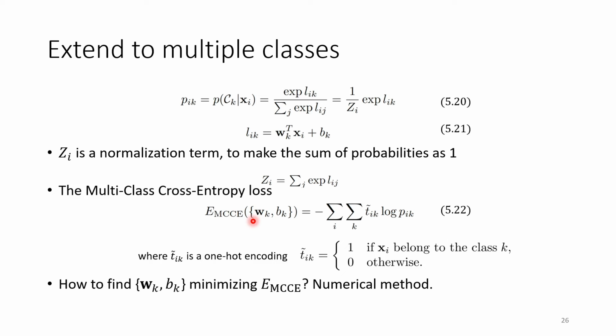We try to tune, adjust, or update the weight parameters W and B, and we need a gradient to try different W and B. So usually when we say gradient descent, it means if we know the gradient of this function, then the most efficient way is to follow the direction of the gradient and do a line search to find the minimum value of the error function. So we need a gradient.